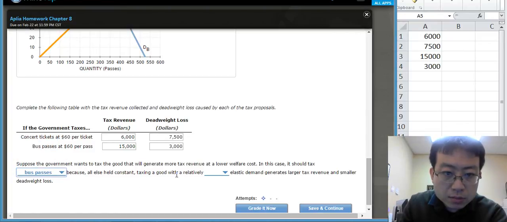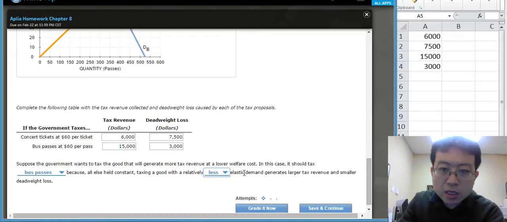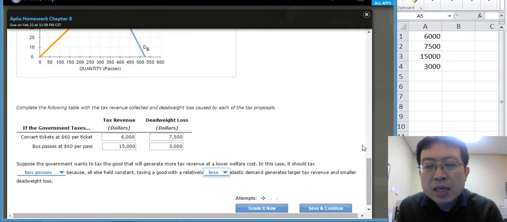And that's because, all else held constant, taxing a good with relatively lower elasticity generates larger tax revenue and smaller deadweight loss. The reason why lower elasticity gives you more tax revenue, just think like this. Remember back in Chapter 5 when we talked about elasticity?